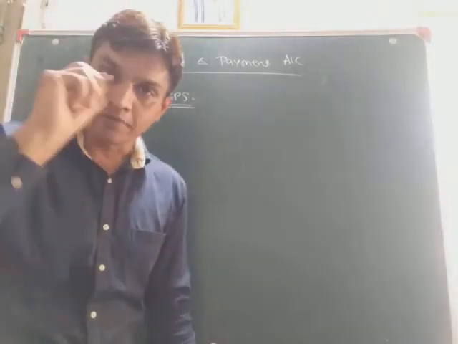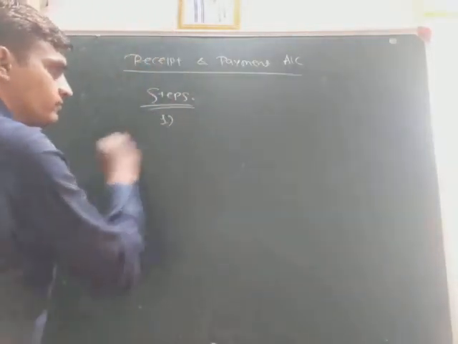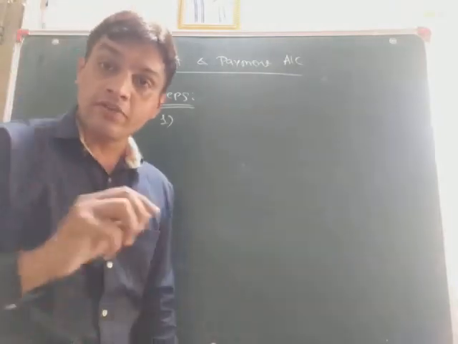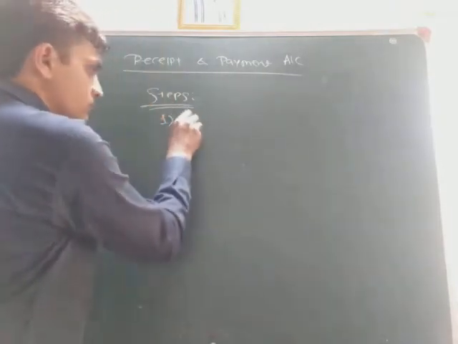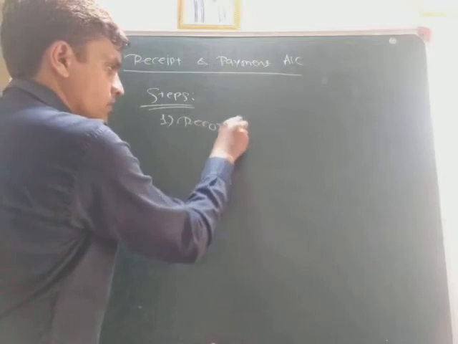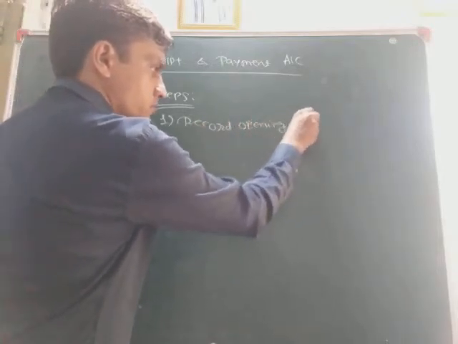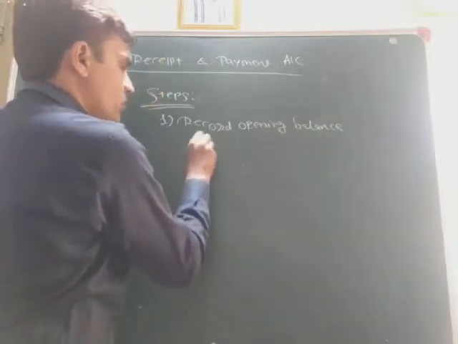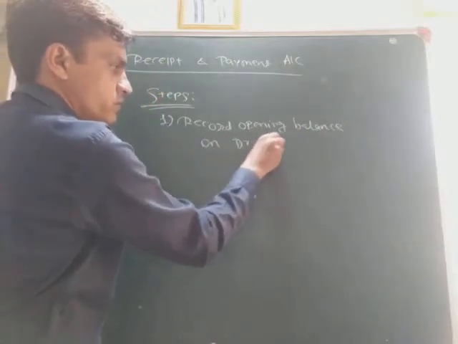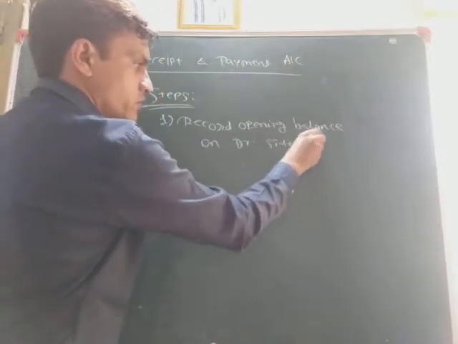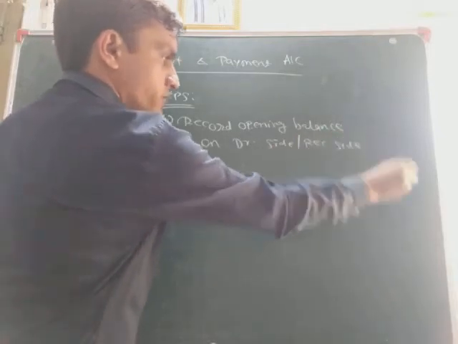Step number 1. First of all, what we have to do? Record the opening balance on the debit side or receipt side.